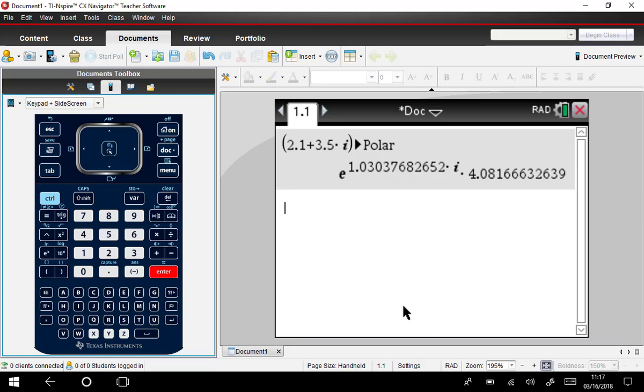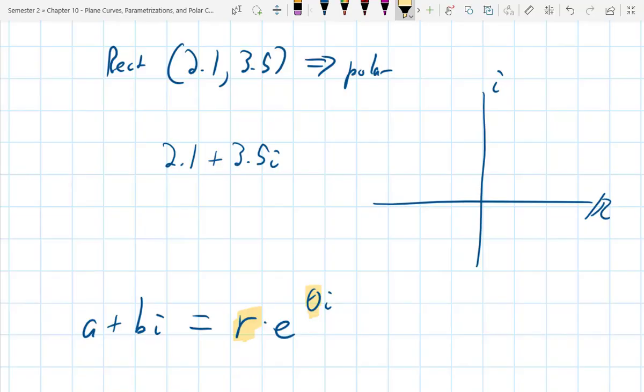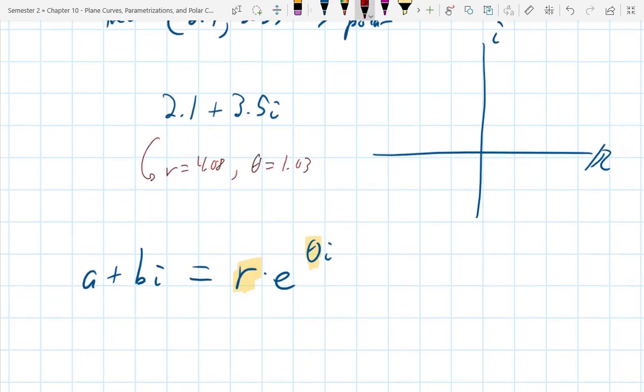But what's your radius here? 4.08, and your angle is 1.03, and that is in radians. So via calculator, that is equal to radius of 4.08, theta of 1.03, and I can put that as an ordered pair, 4.08, comma 1.03, which is an r comma theta.